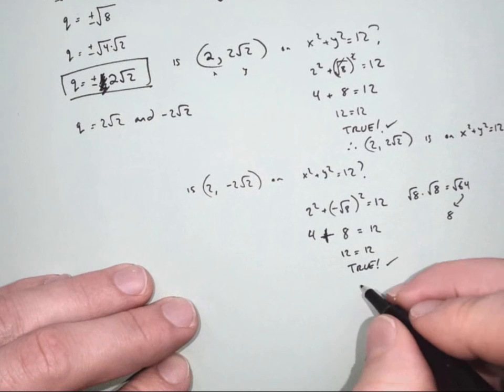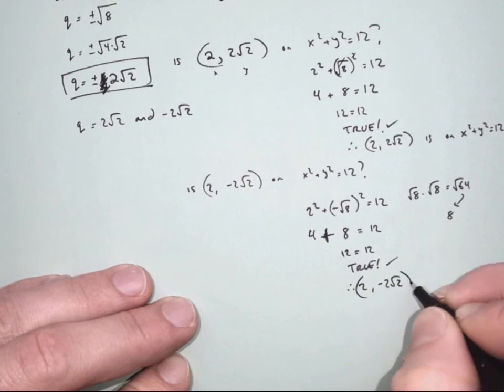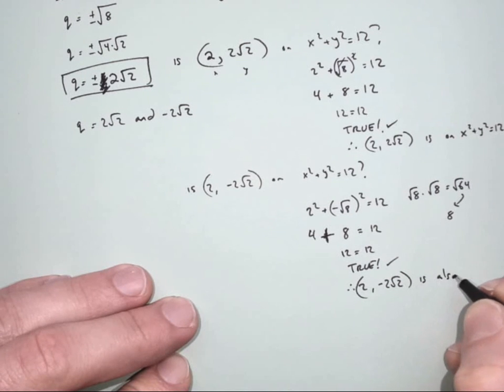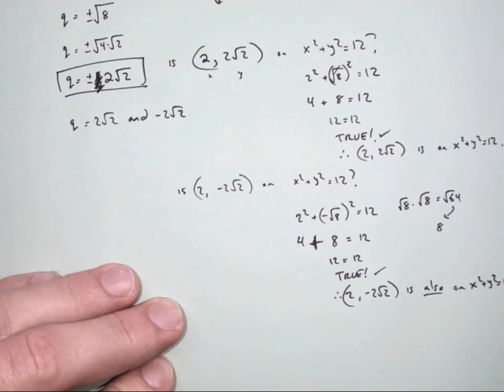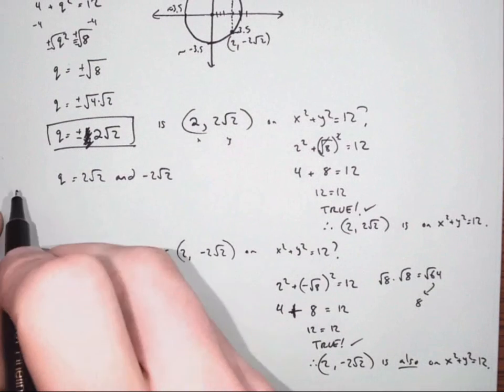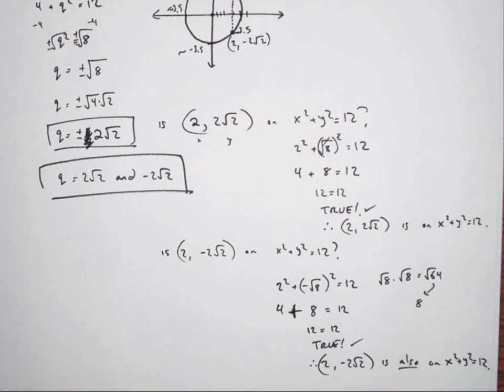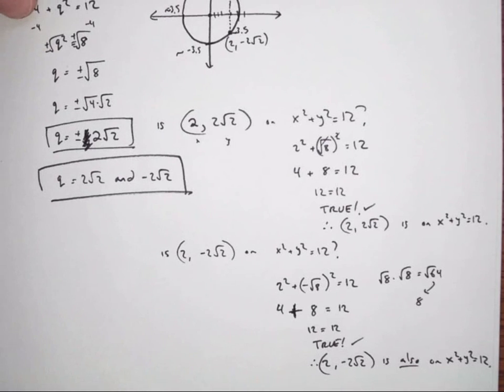So that means, therefore, 2, negative 2 root 2 is also on x squared plus y squared equals 12. Okay. And so our answer, q, is 2 root 2 and negative 2 root 2. That's our final value.